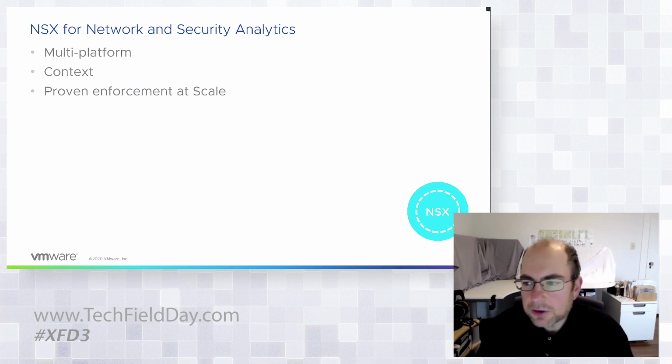We know this model of distribution scales, right? We have customers using NSX to protect 50,000 plus workloads in their environments. So that gives us a scalable platform upon which to build these analytics capabilities.